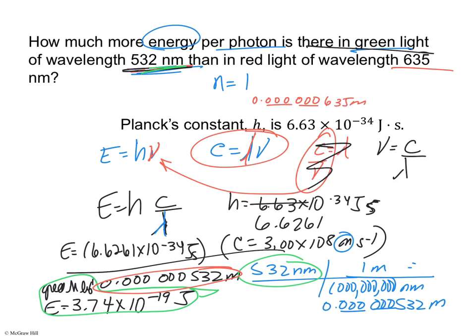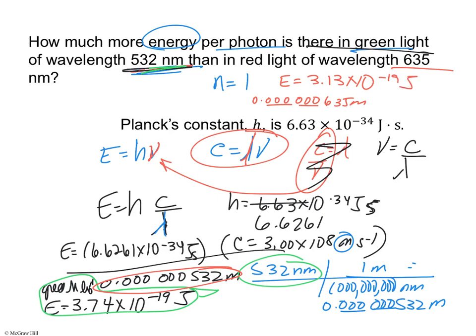So now we can take 6.6261 times 10 to the negative 34 times 3.00 times 10 to the 8th divided by 0.000000635, and that is energy equals 3.13 times 10 to the negative 19 joules.